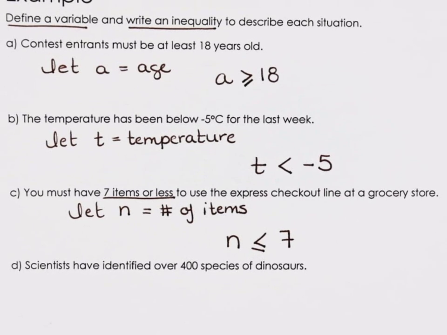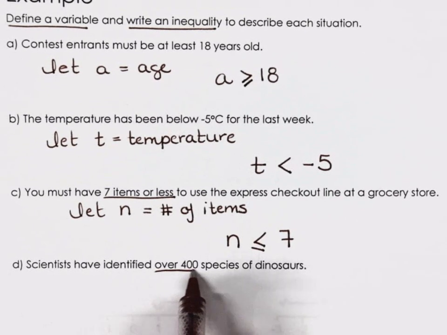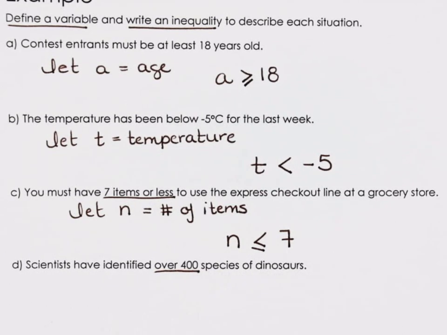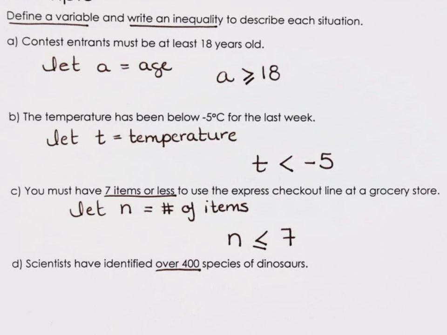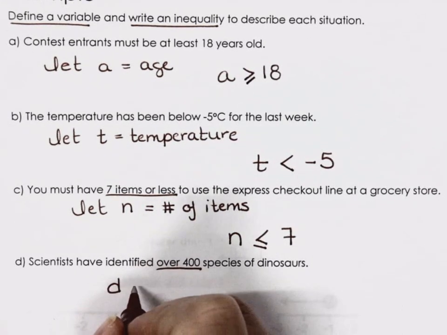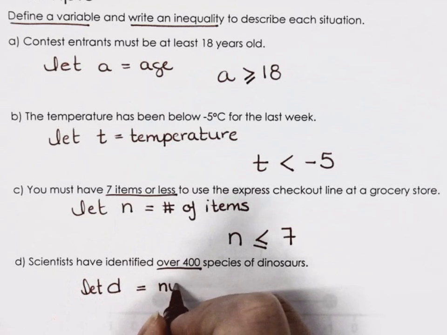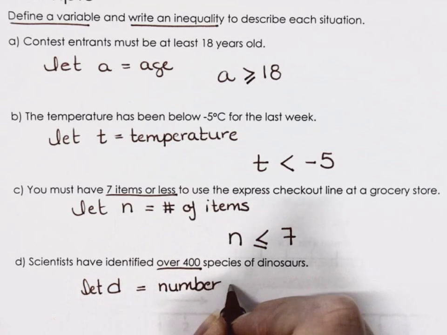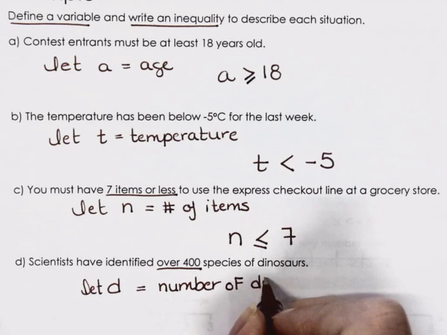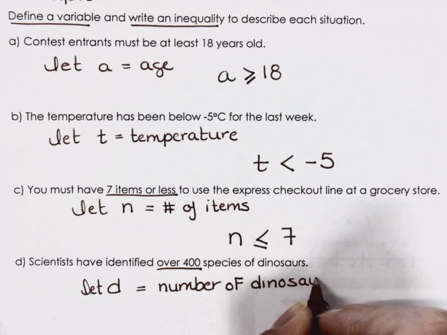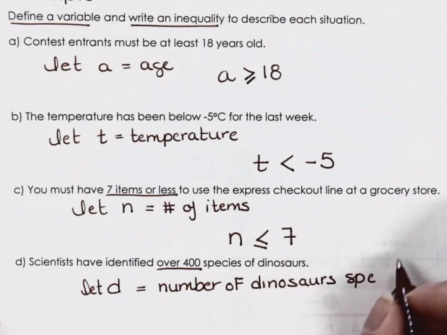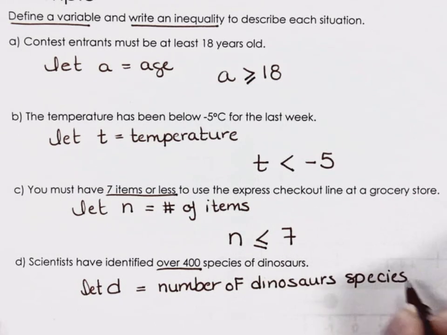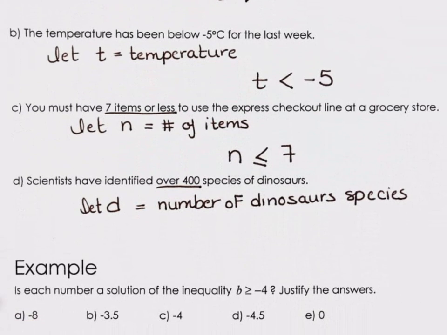All right, scientists have identified over 400 species of dinosaurs. Let D equal number of dinosaur species. So that's very sciencey.